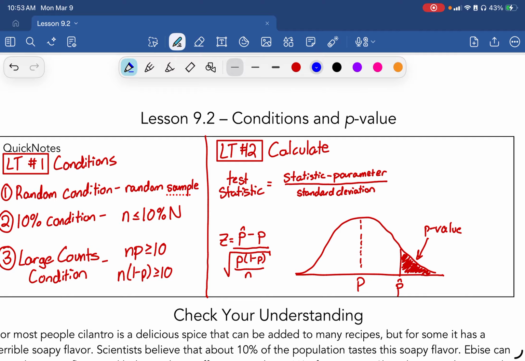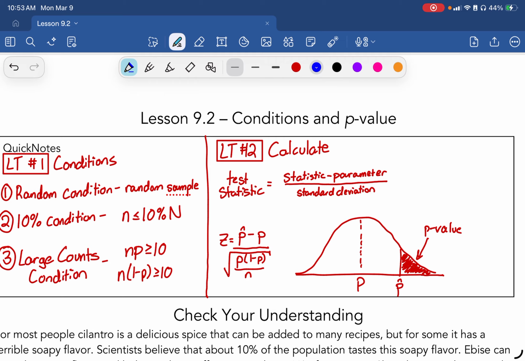And we still have to check the large counts condition so that we can use an approximately normal distribution for our sampling distribution. The large counts we really care about because if we can't use an approximately normal distribution, it's going to be harder for us to calculate our p-value because we require our test statistic with a z-test statistic.